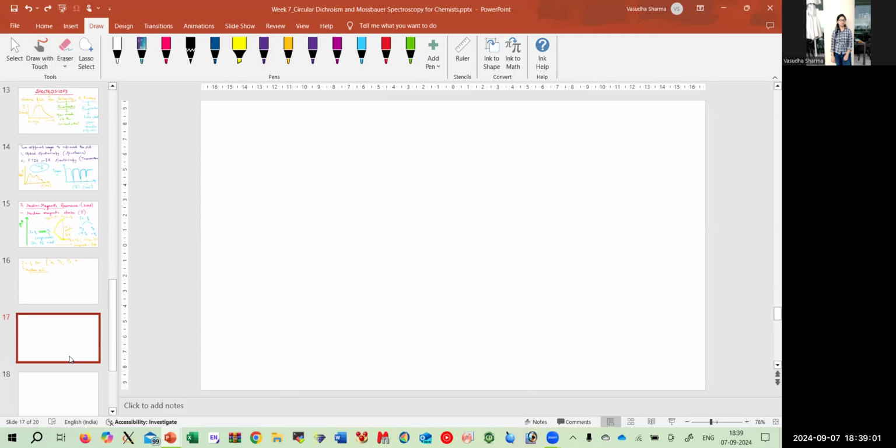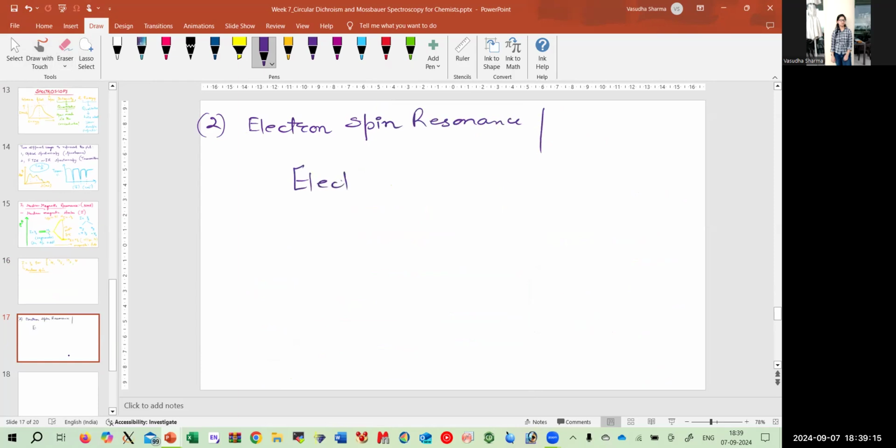What would happen if we are dealing with electron spin resonance, or EPR? So another spectroscopy.